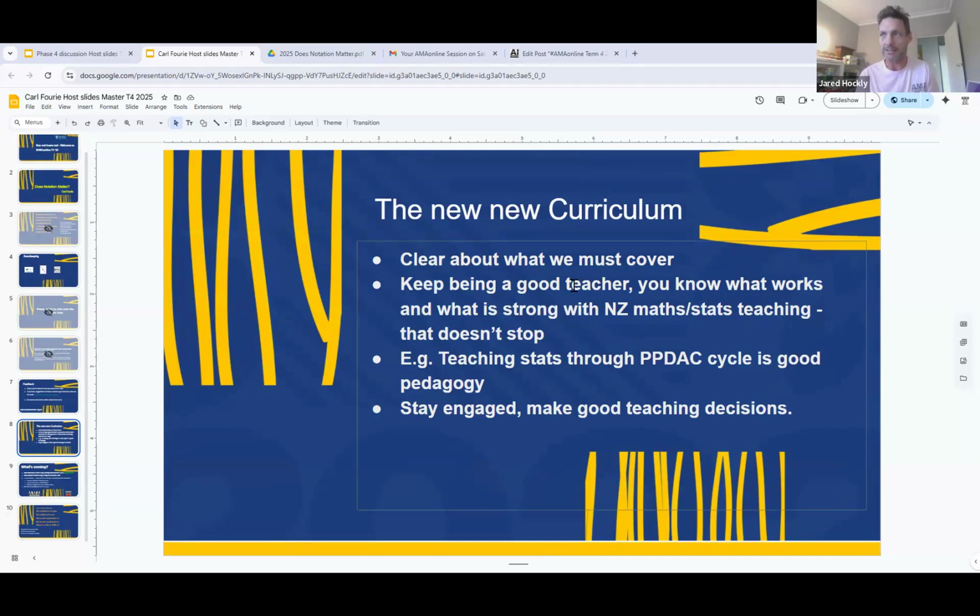So we just want to say that you guys are good teachers, and keep helping everyone else be good teachers. If you're doing good stuff, it doesn't mean that this curriculum means you have to stop doing that thing. For instance, the PPDAC cycle is no longer part of our curriculum documents, but it is good teaching practice, so we don't have to drop that. And you guys are doing it today. You're engaging with other educators, and if we keep on doing that, we can make the most out of this thing.